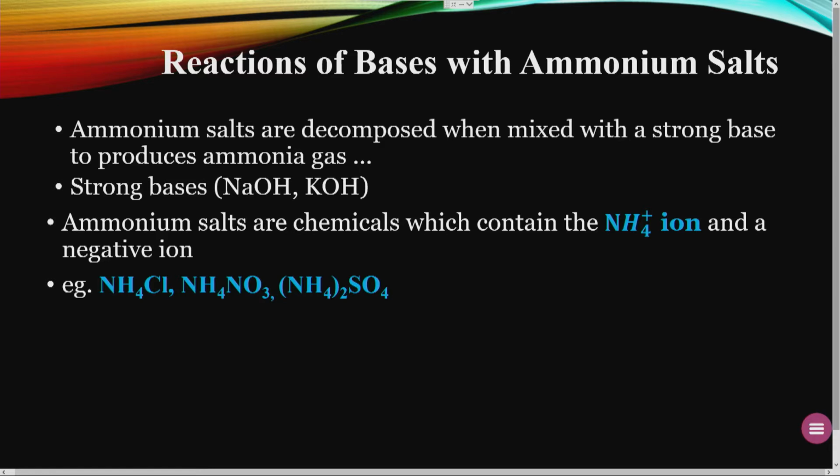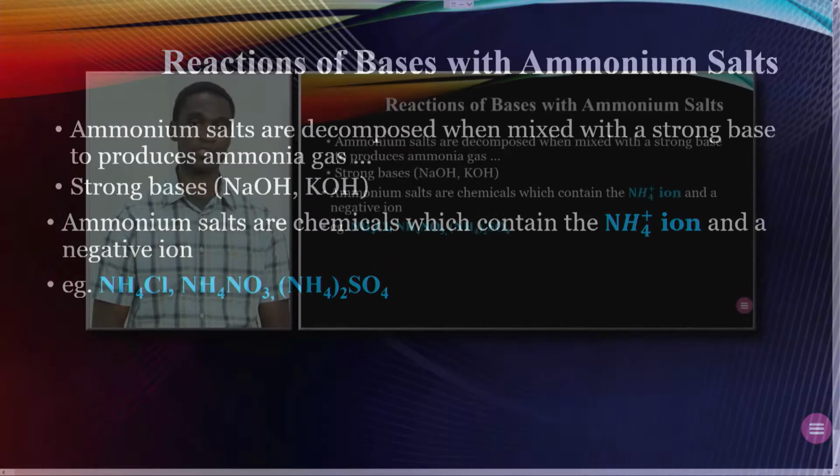If you should go to lithium hydroxide, which is also a group 1 metal, that would be a strong base. Ammonium salts are chemicals which contain the NH4+ ion and a negative ion. For instance, we have ammonium chloride, ammonium nitrate, or ammonium sulfate.